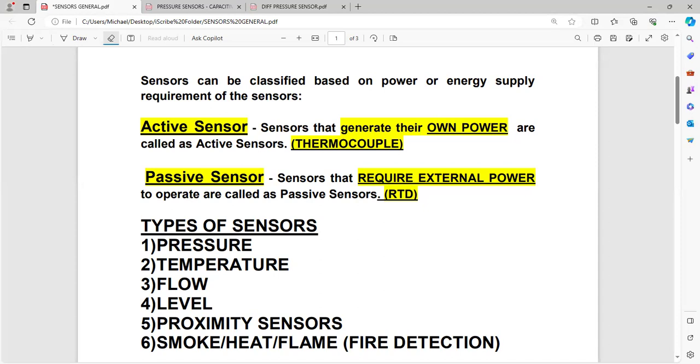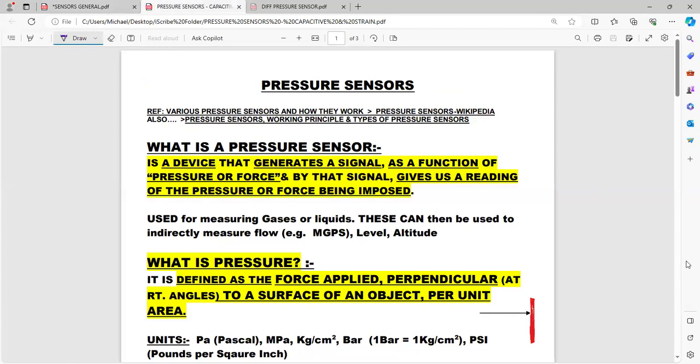So as and when we come across those particular sensors, I will be informing you why it is not practical for use on board ship. Everybody's taking a screenshot of this. Then we can move on to the very first type, the pressure sensors.